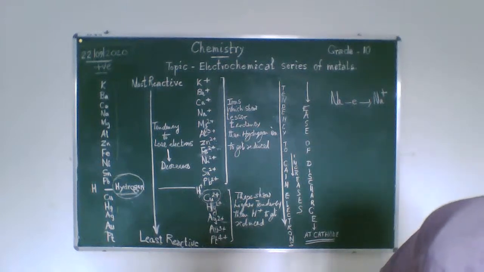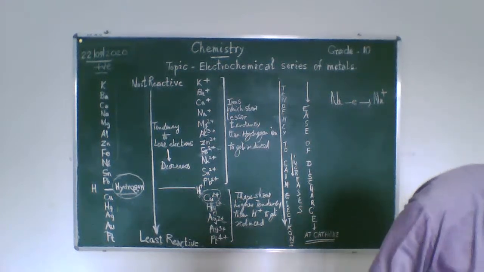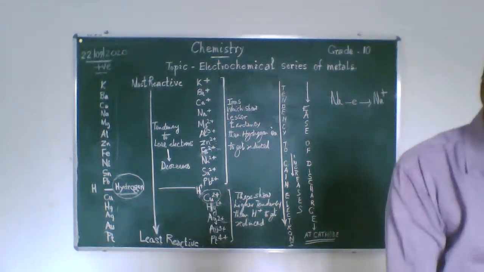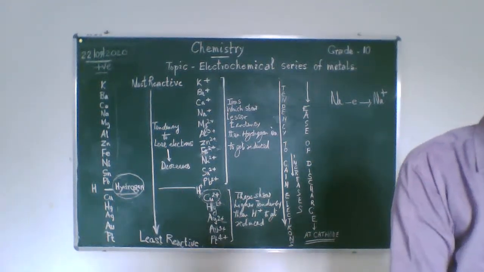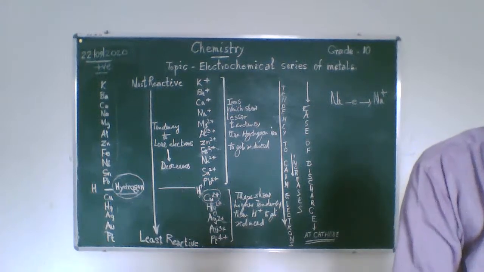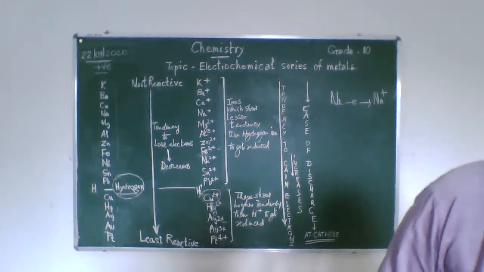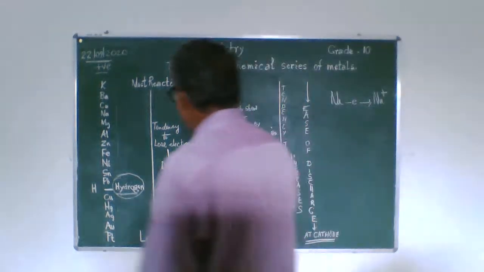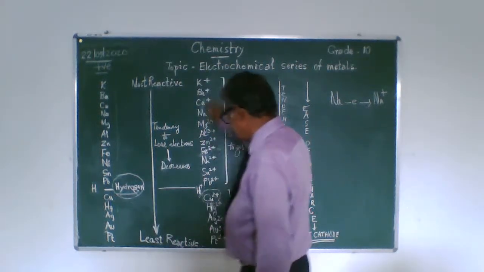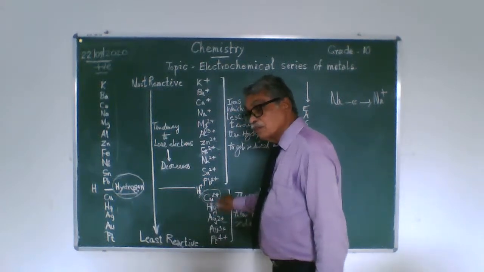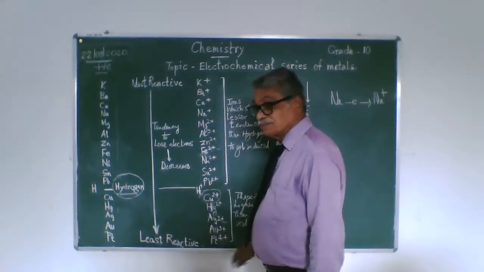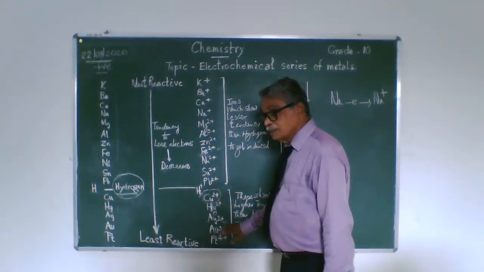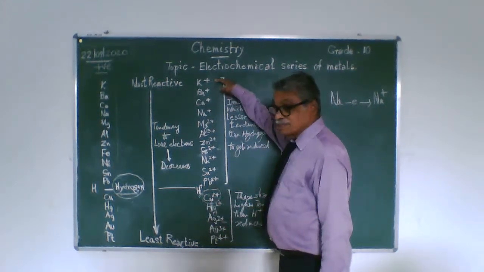Another thing you should know about the electrochemical series of metals is that a metal with a higher position in the series displaces the one with a lower position from its salt solution. From the salt solution of these, the metal will come out.